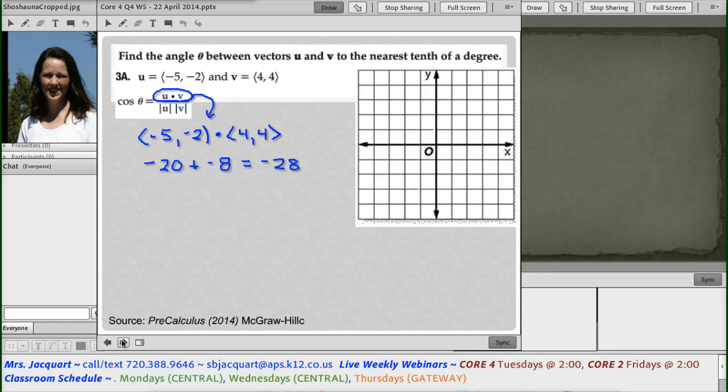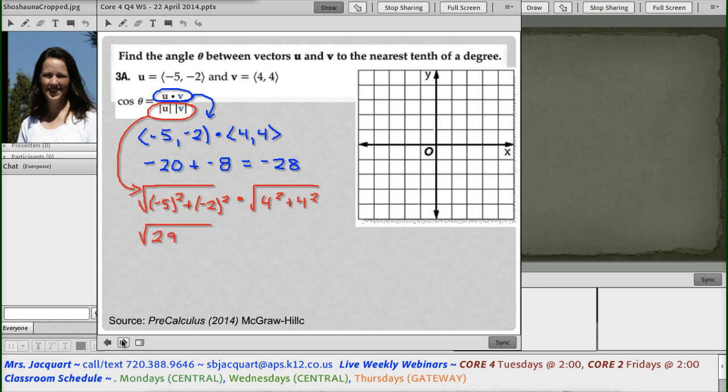Now let's do this component, with the square root of negative 5 squared plus negative 2 squared, times the square root of 4 squared plus 4 squared. So this is going to be square root 29 times square root of 32.